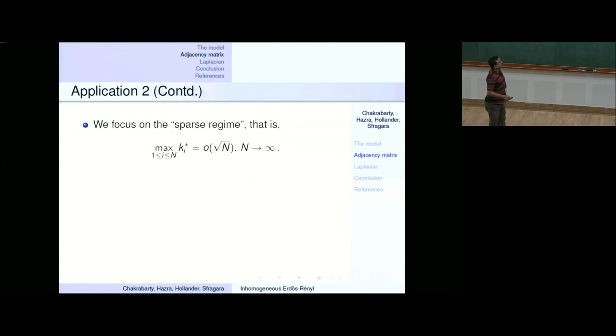So we focus on the so-called sparse regime, where the maximum of k_i star is much smaller than square root of n as n goes to infinity. However, we also assume at the same time that the k_i stars are unbounded, so as n goes to infinity, the maximum goes to infinity.